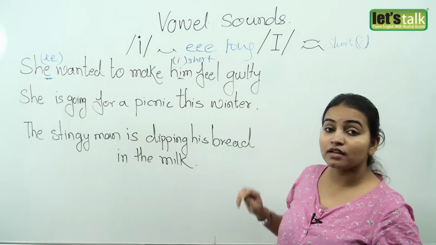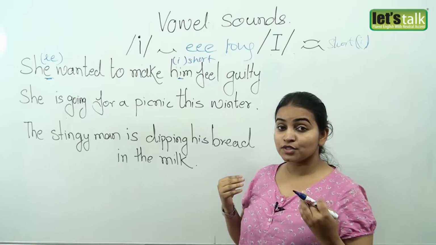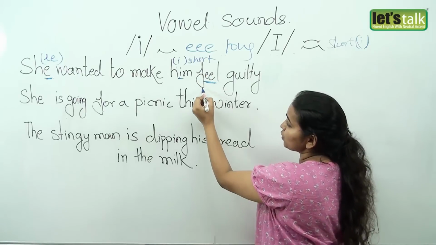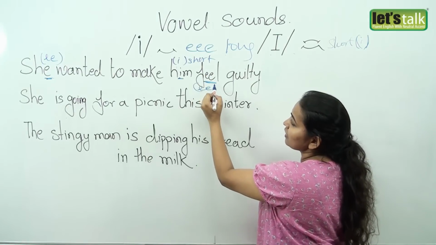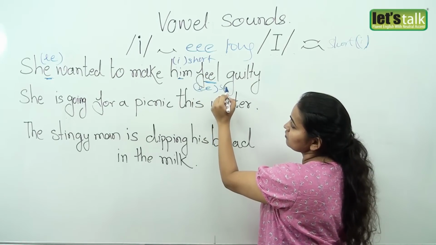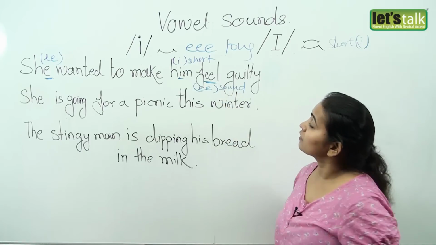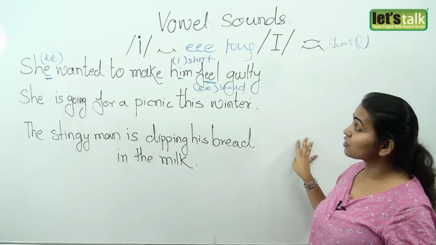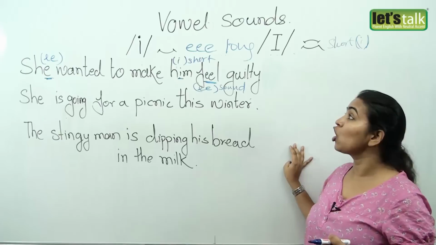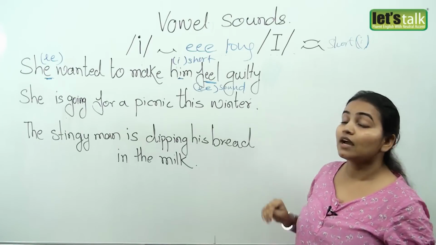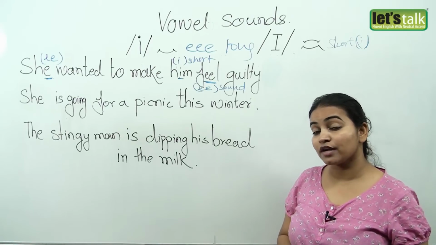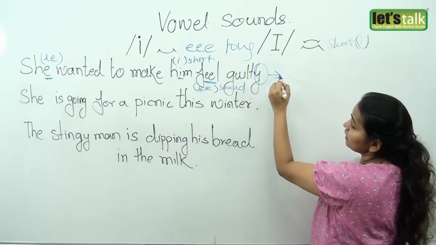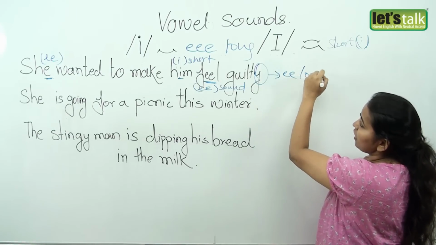Consequently, the word feel, it has already been established that words with the double E also produce the long E sound. And then the word guilty, the Y at the end of the word also gives me the long E sound. So it is guilty and not a guilty or a guilt Y, because this again gives me the long E sound.